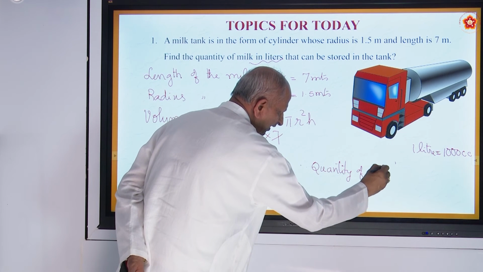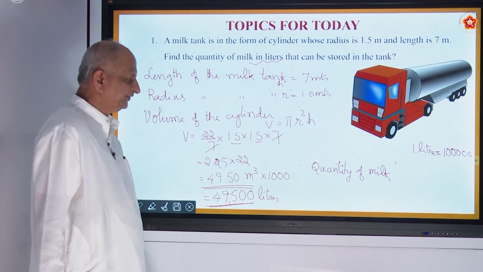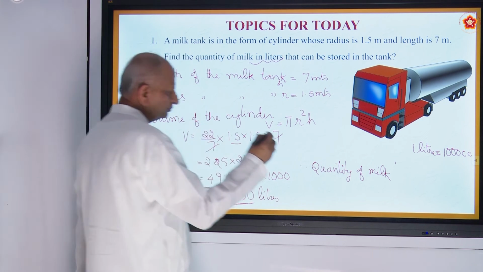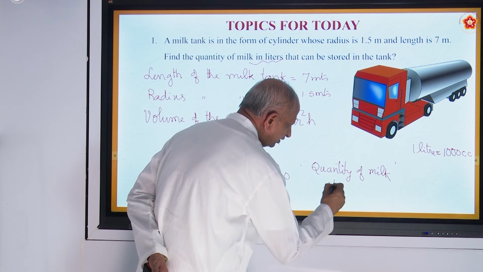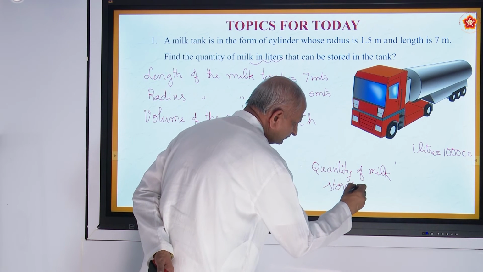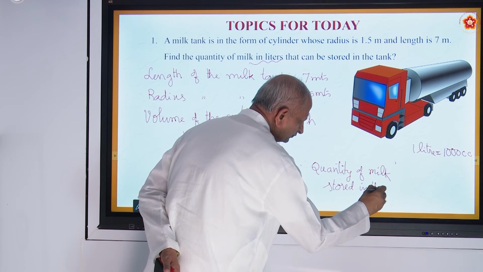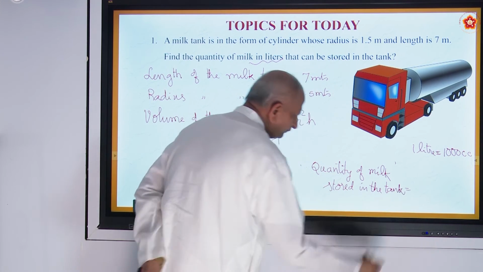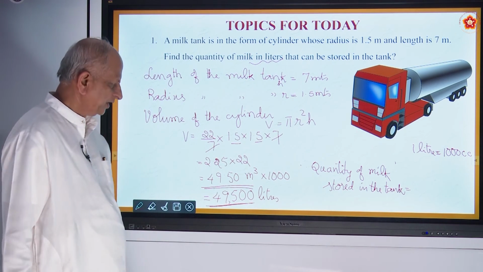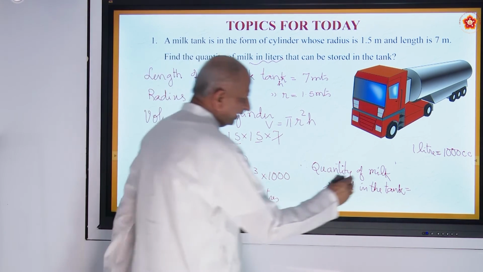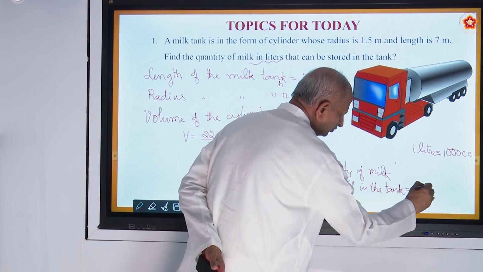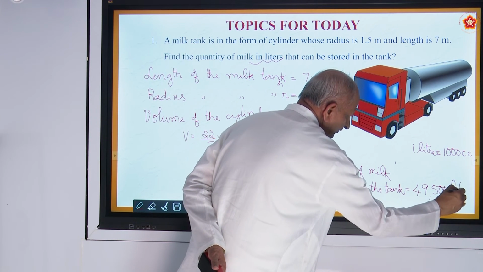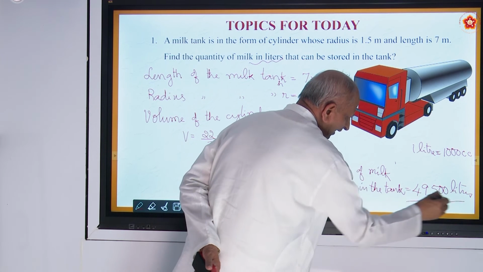Always in the examination, the answer carries half mark. Our question is about the quantity of milk stored in the tank. Is it okay? How much is it? 49,500 liters.